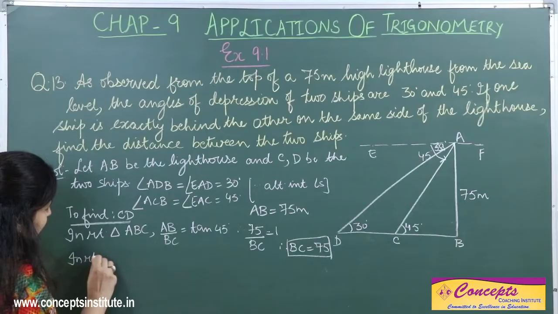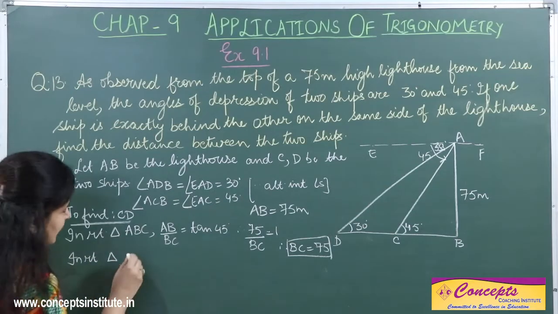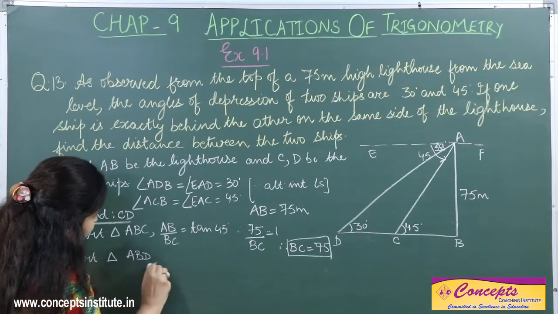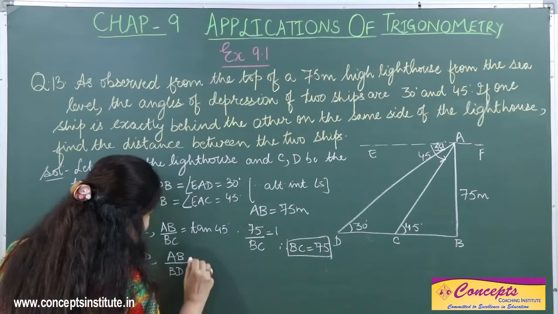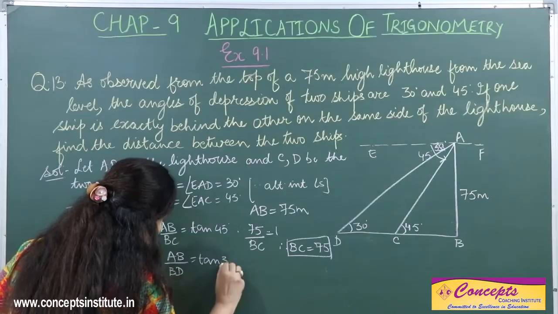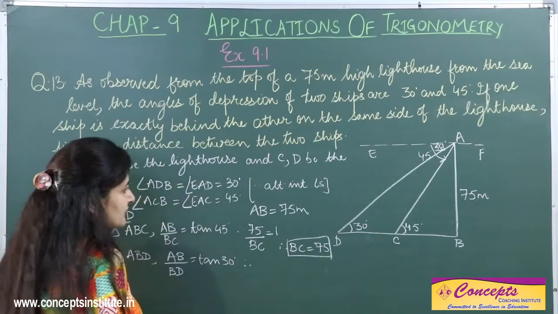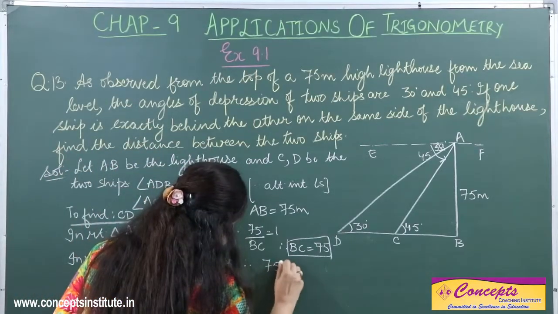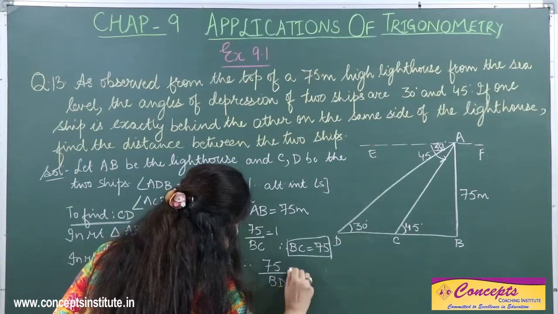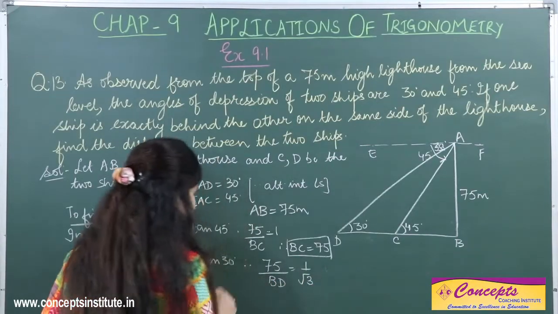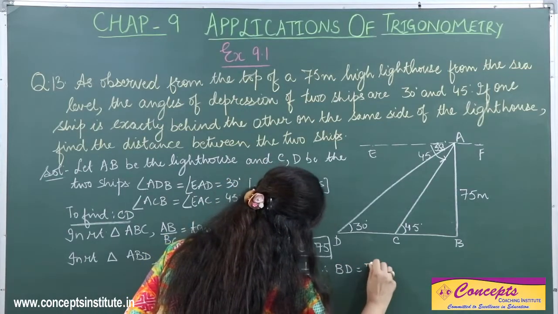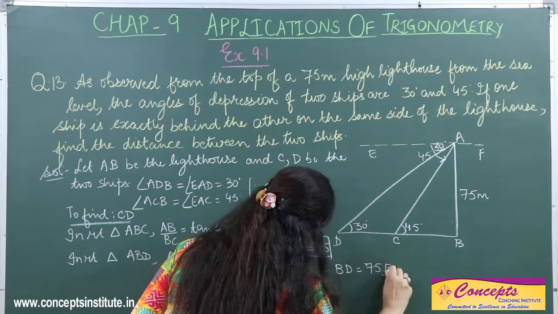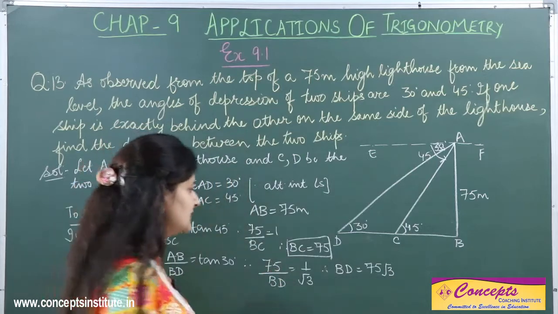Now in right triangle ABD, perpendicular upon base, that is AB upon BD, this would be equal to tan 30. So therefore I would get 75 upon BD equals 1 upon root 3, as tan 30 is 1 upon root 3. So therefore BD would be 75 root 3, isn't it?